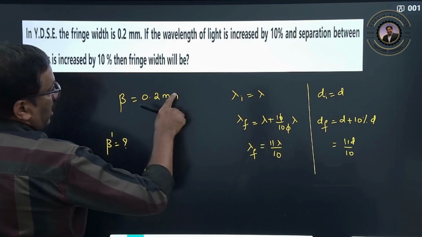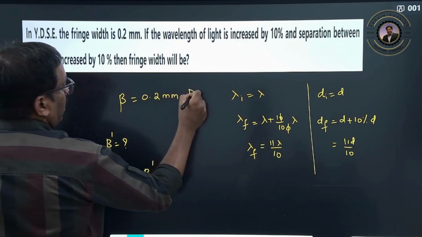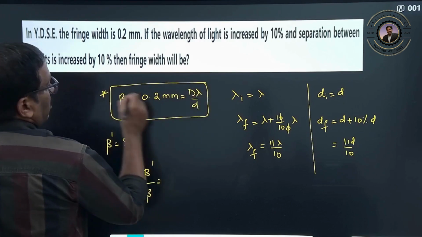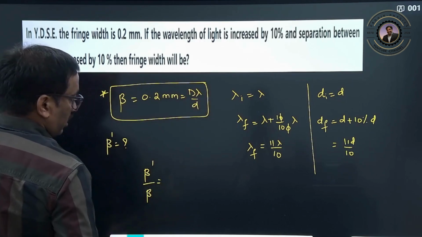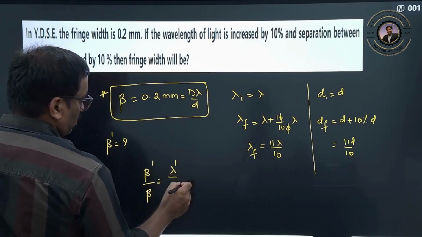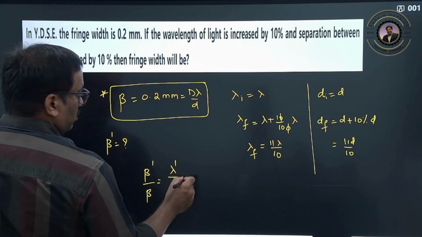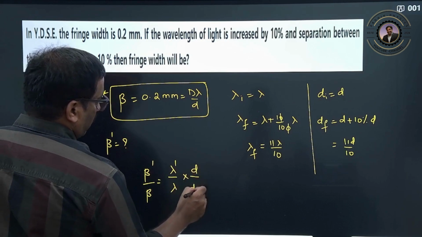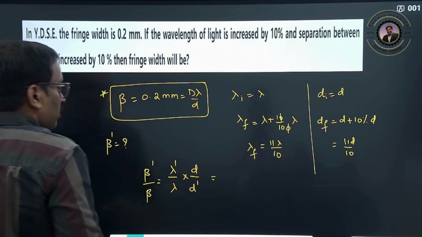Fringe width is lambda D by d. Capital D is not changing, so beta is directly proportional to lambda and inversely proportional to d. Therefore beta dash by beta is lambda dash by lambda into d by d dash.